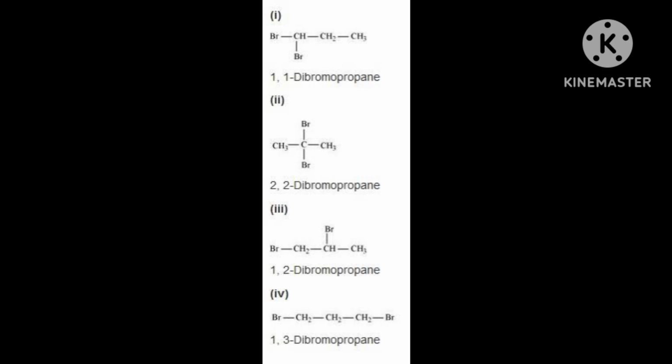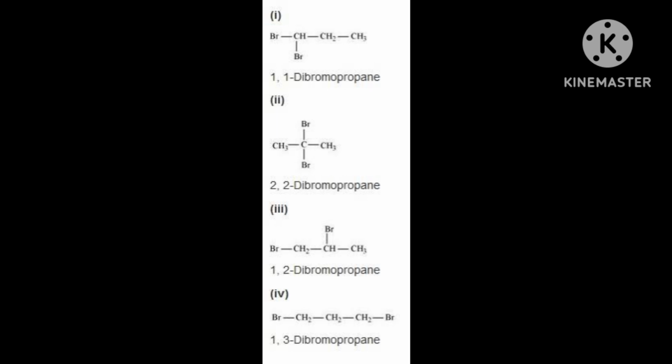Now again it will be primary because bromine is attached with the first carbon and that carbon is attached with only one carbon. Then it will be primary, no doubt. Then nomenclature, how will you do here? Carbon number first, second.